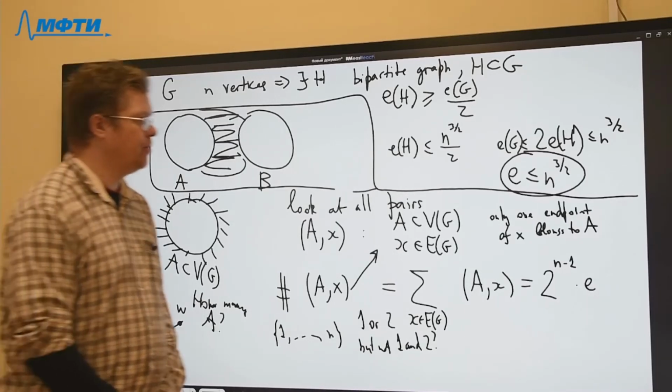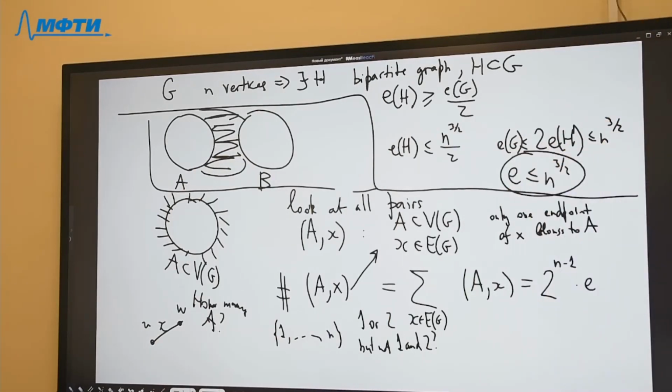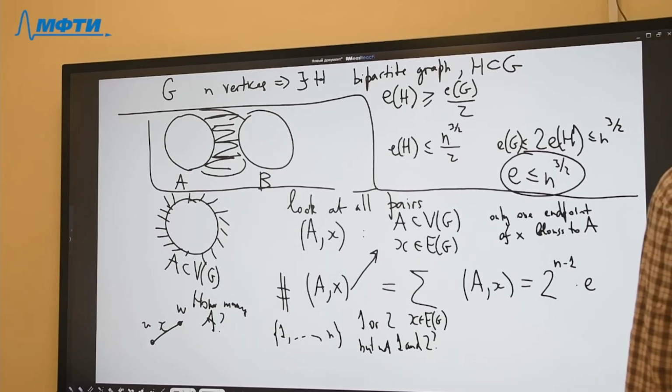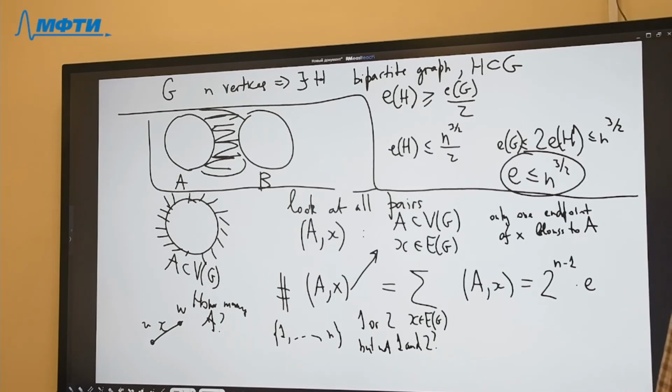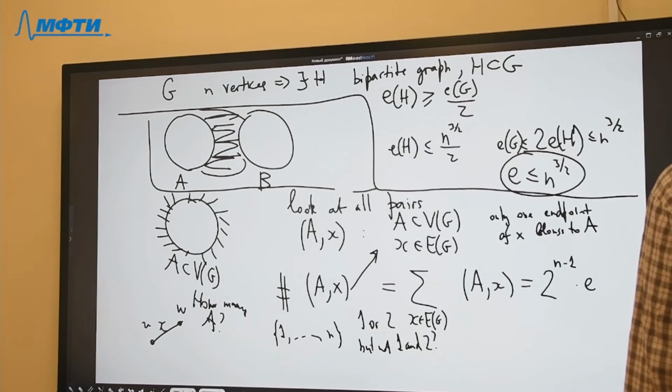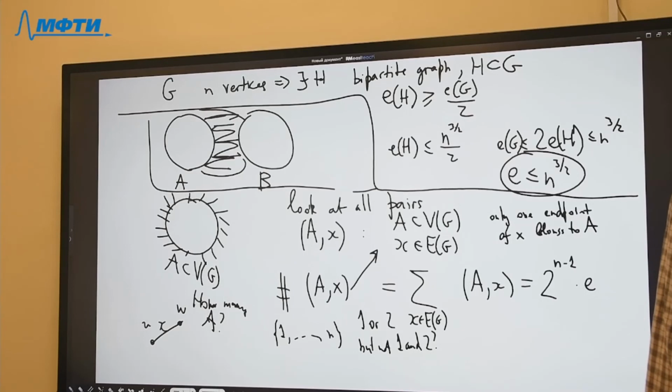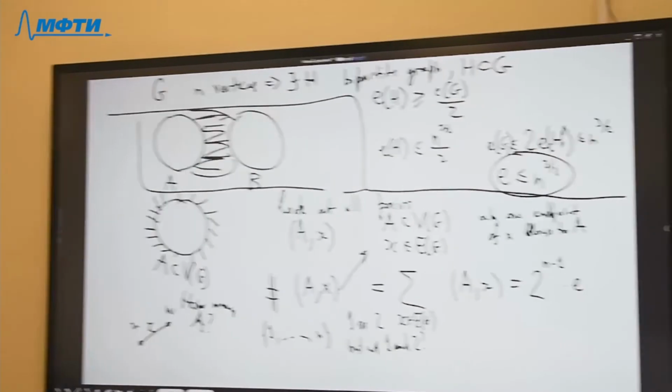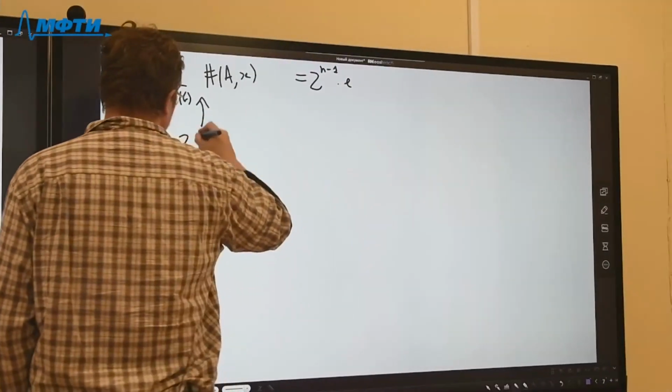So if we sum over all possible pairs of A and X with these restrictions, it is equal to 2 to the power n minus 1 times E. And we have 2 to the power n summands.